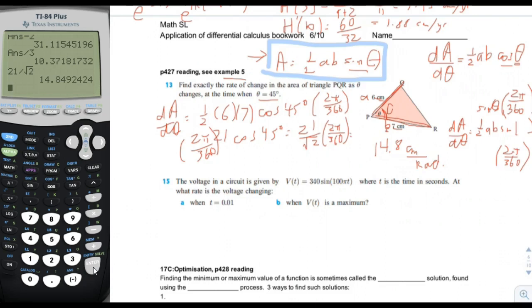And so the 14.8 is also times 2 pi divided by 360. Gives us 0.259. Okay, centimeters squared per, and now we can put centimeters squared per degree.